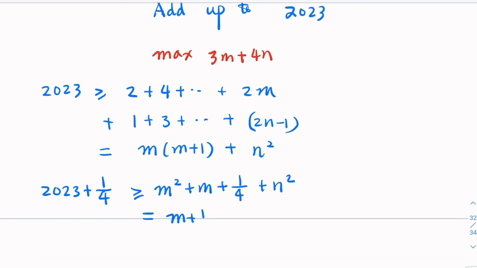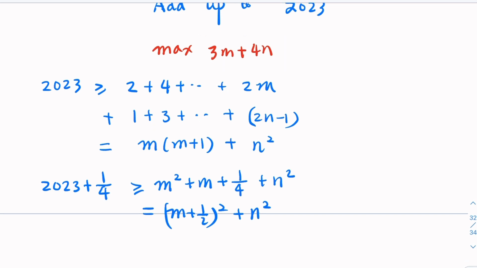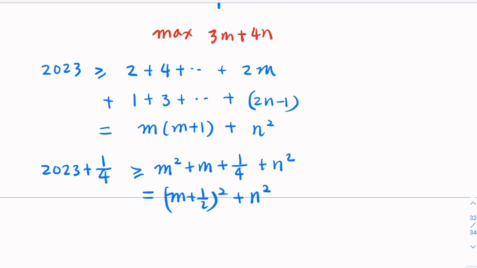M plus 1/2 squared plus n squared. So we would like to derive an inequality with this term here, and we don't have it. So here we're going to use the Cauchy-Schwarz inequality. The CS inequality here, this is the sum of squares, and we have 3m and 4n here. We have m and n.